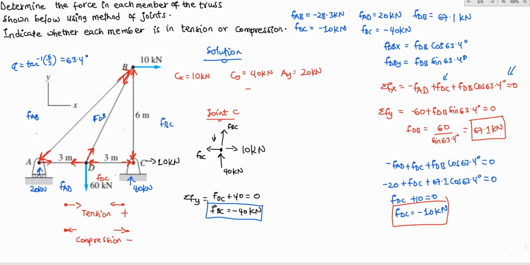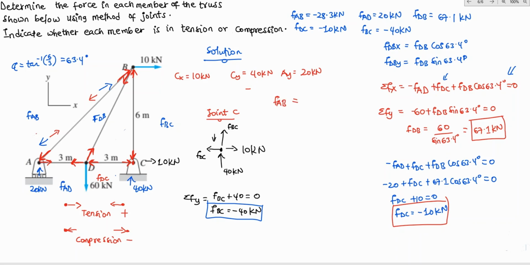So looking at the truss member AB, the pin forces are moving in this direction, right? That means the internal reaction is going to move in the opposite direction, which is this direction here. So in this case, the truss member AB is going to be in compression.